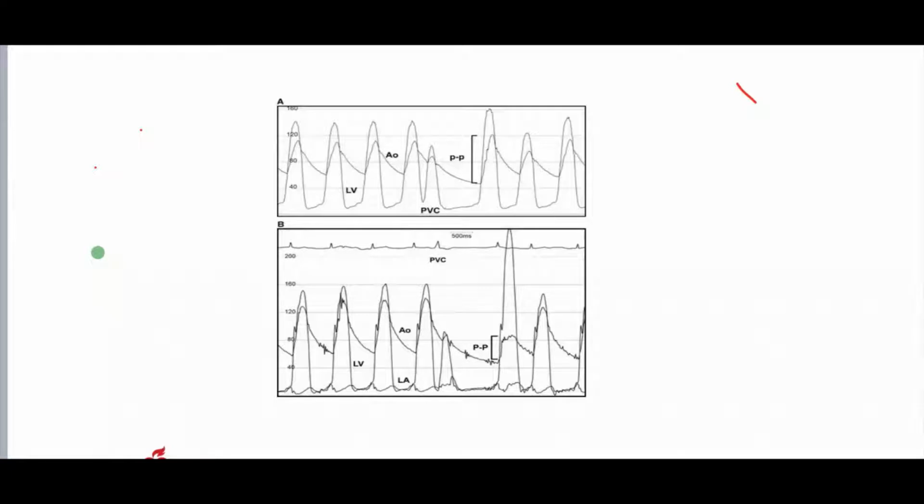Here, there is a PVC, in aortic stenosis. But if I ask you a question, in case of aortic stenosis, does the PVC increase or decrease the gradient across Hookham?